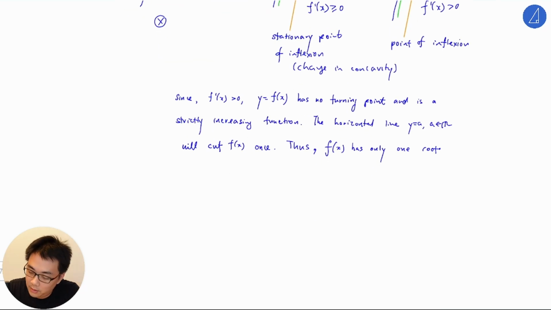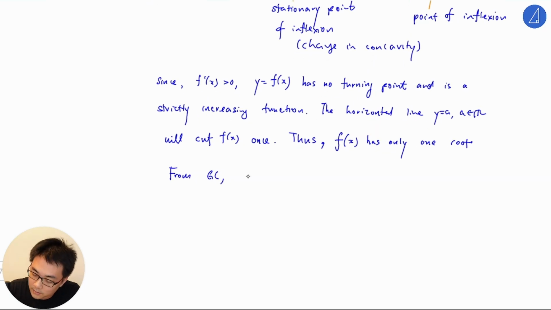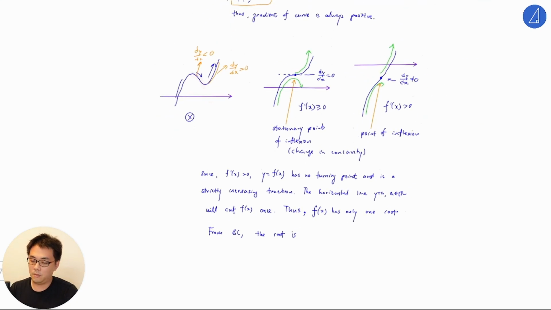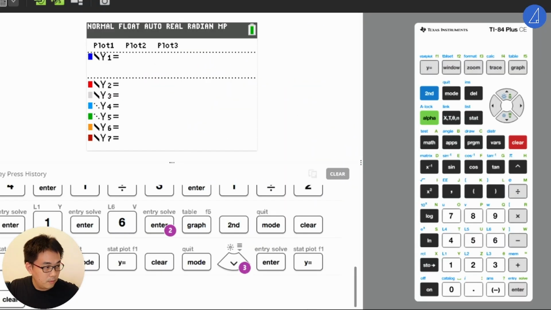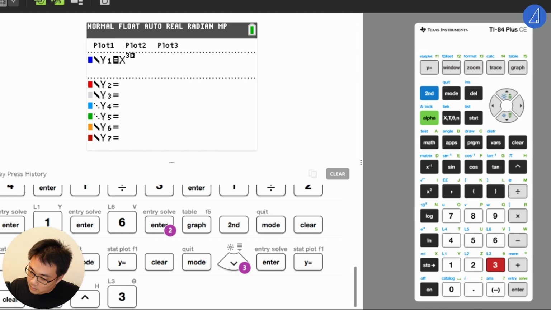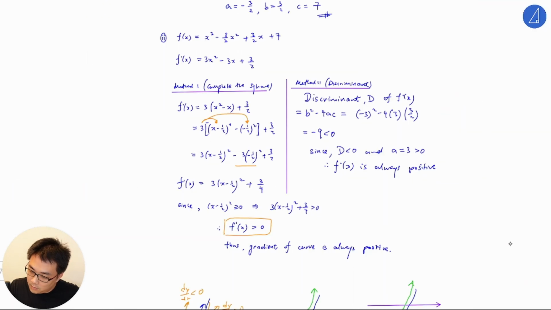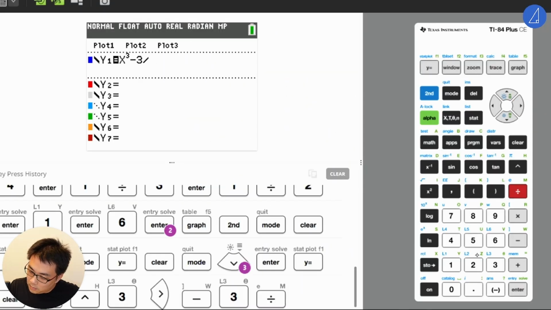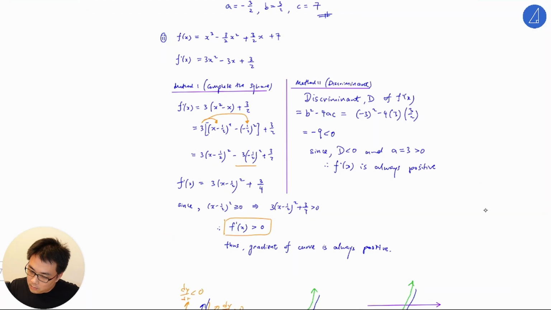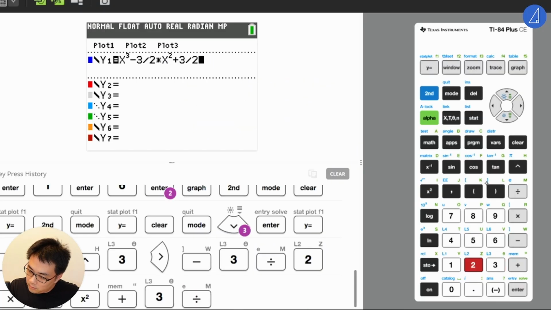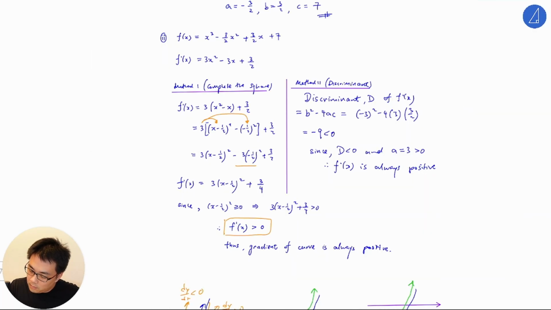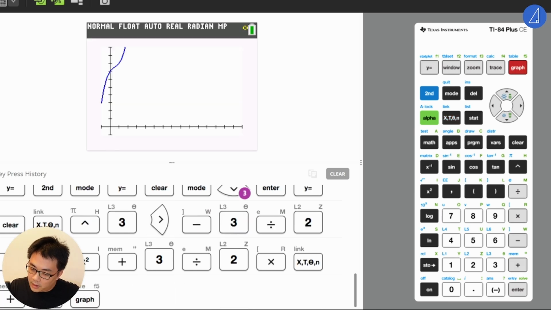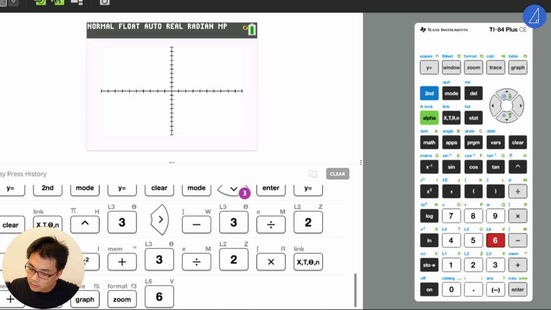So from GC, solve. The root is, then you get this graph. You need to zoom standard, then you just find the root. It shouldn't be an issue.